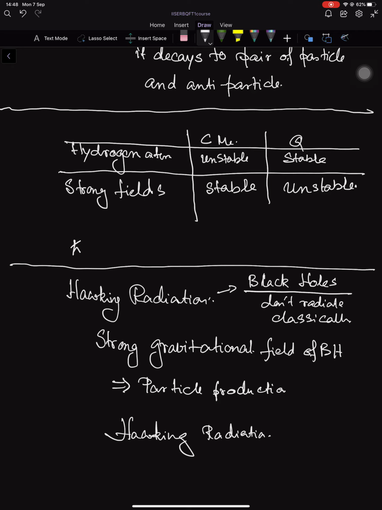The phenomenon is extremely simple and can be understood just by studying the Klein-Gordon equation or the Dirac equation in the presence of a strong potential. Okay, so all these phenomena, Schwinger pair production, Hawking radiation, and also reheating during inflation, have the same underlying theme: particle production due to strong background fields.